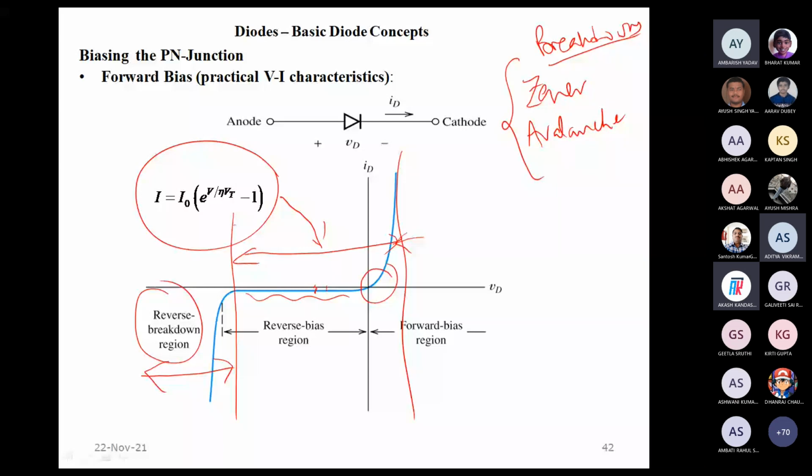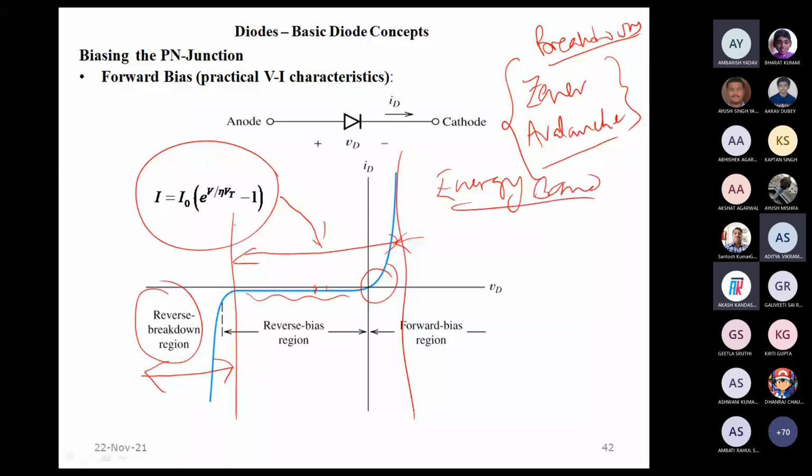Zener breakdown or Avalanche breakdown, for moderate values of the voltages, may be non-destructive in nature. At this juncture, we should also look at the kind of energy band diagram which results in the PN junction.